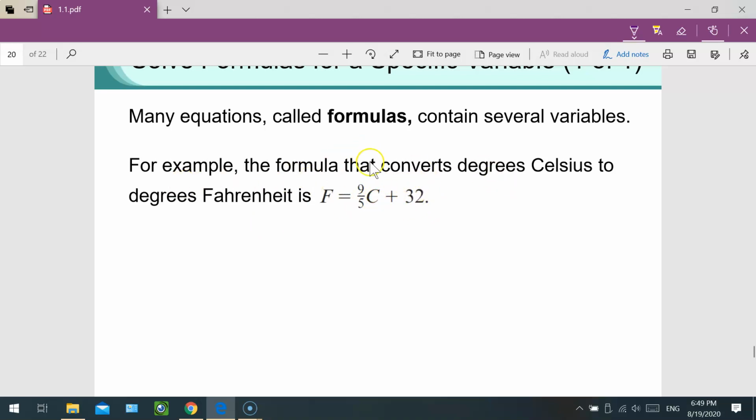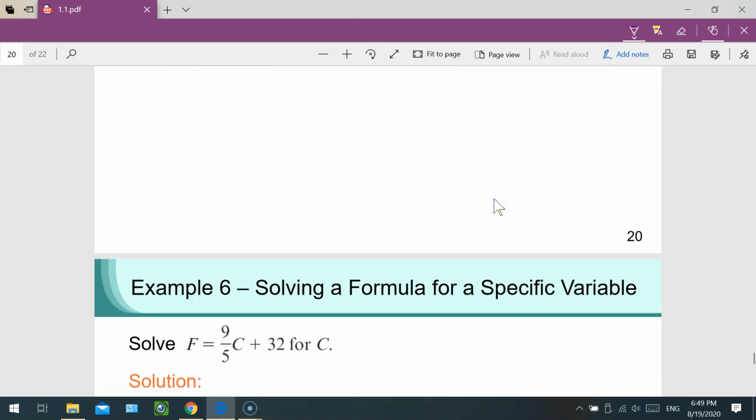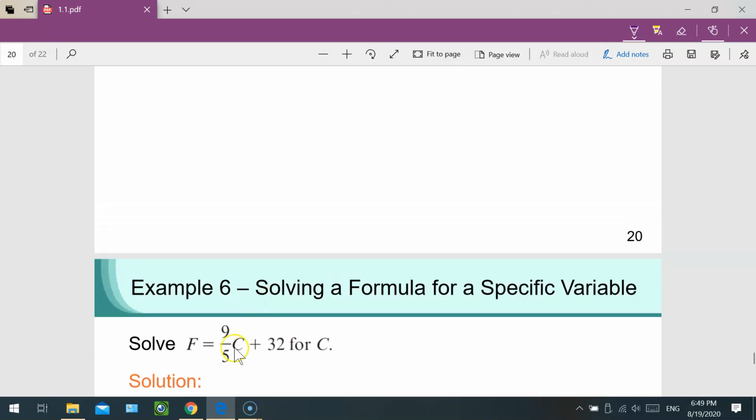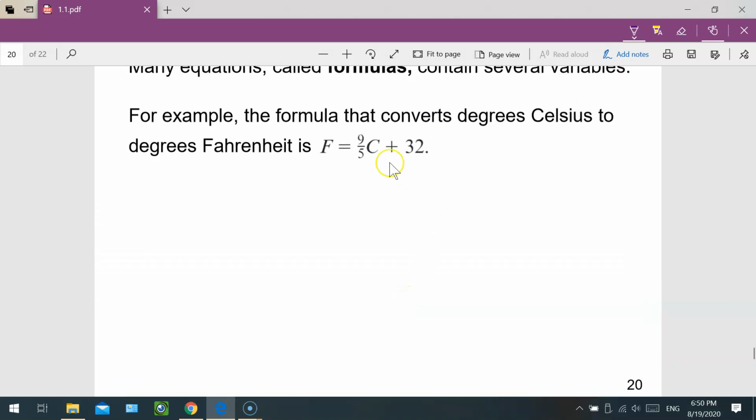Now we are going to convert Celsius to degrees Fahrenheit. So we want to solve F equals 9/5 C plus 32 for C. We are solving for C.